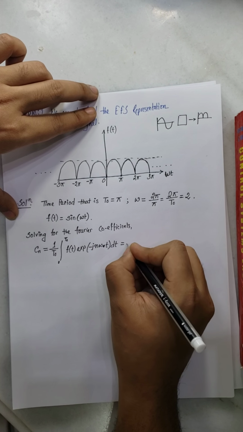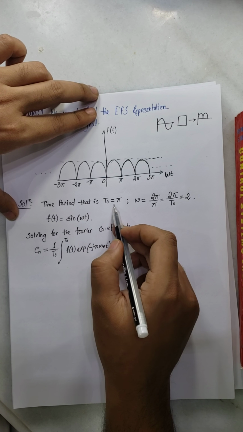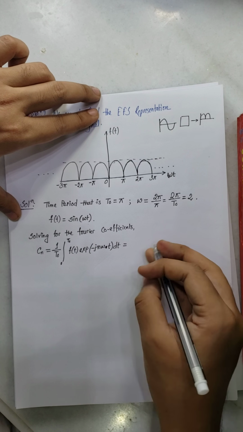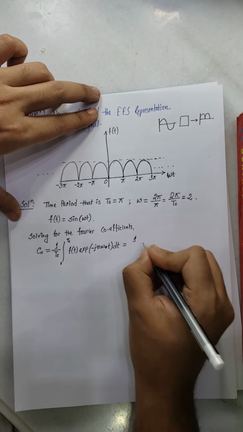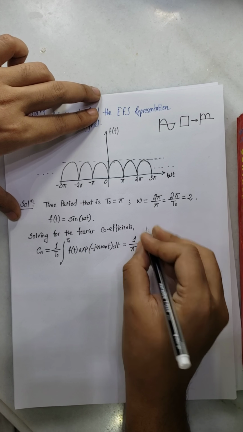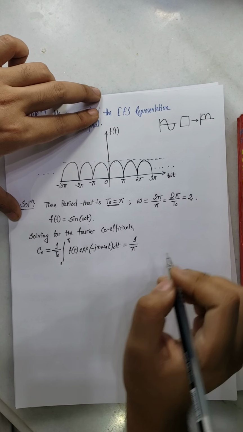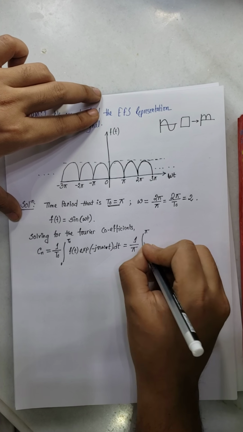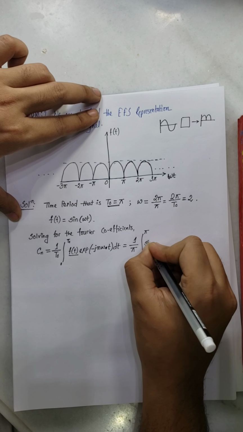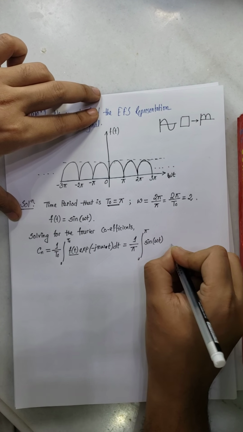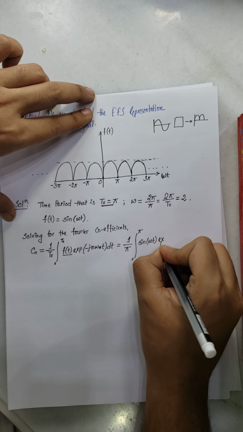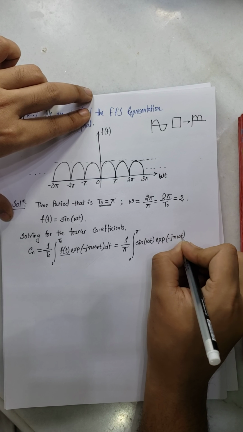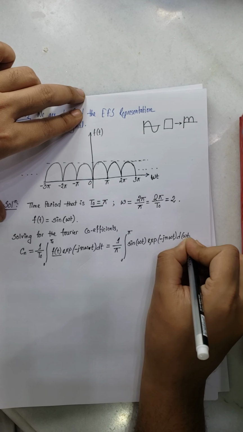Now, replacing the values of the time period and the function itself, we get 1 over pi, which is the time period as mentioned over here, and the limit goes from 0 to pi, and the function f of t, which becomes sine of omega t, and the rest is quite same as before, e to the power minus j n omega t d of omega t.